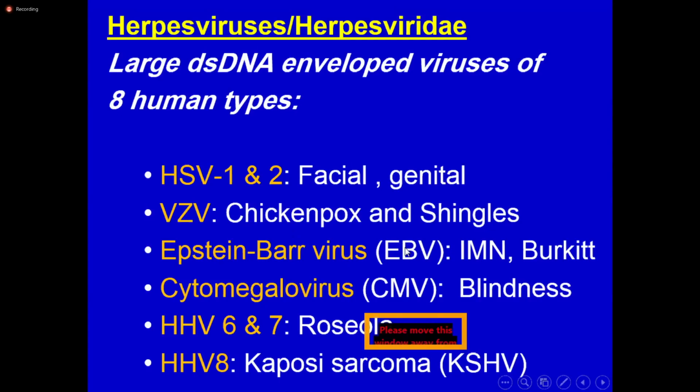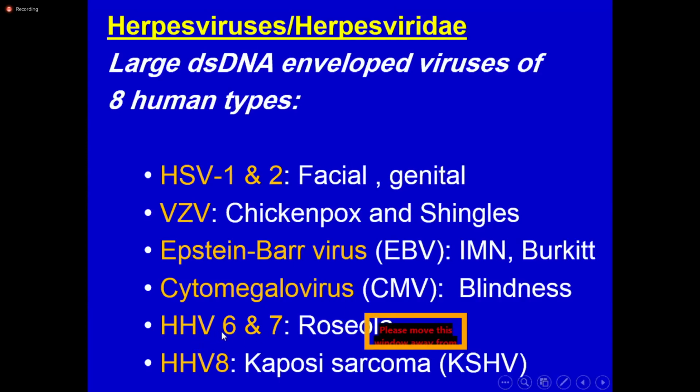Epstein-Barr virus, EB virus, which can cause mainly infectious mononucleosis, IMN, and is associated with Burkitt lymphoma. Cytomegalovirus, CMV, mainly can cause blindness, in particular in HIV-infected patients, AIDS patients.